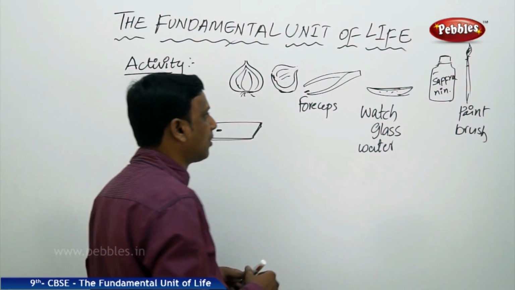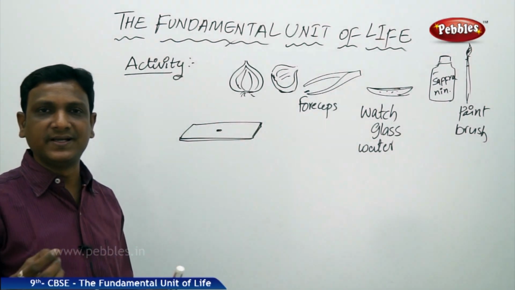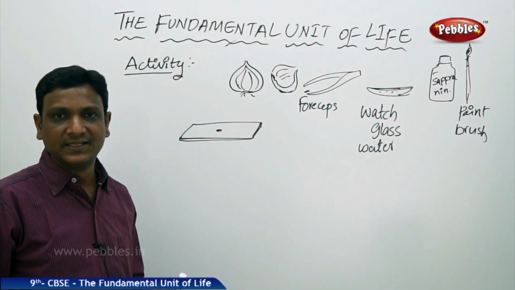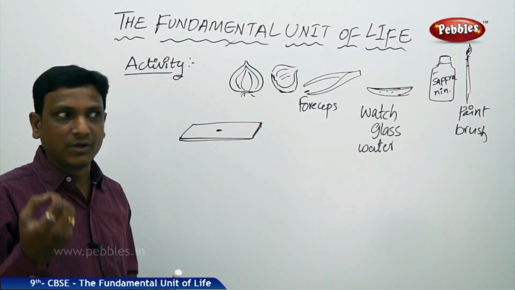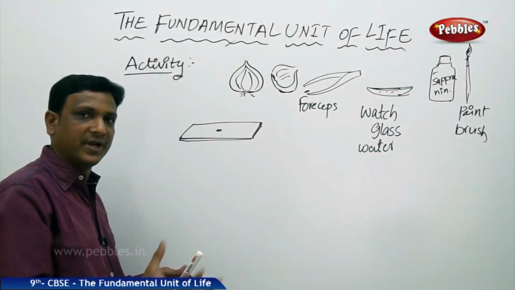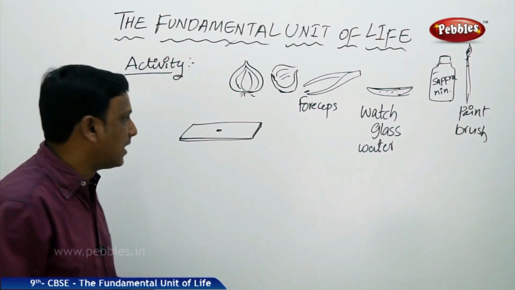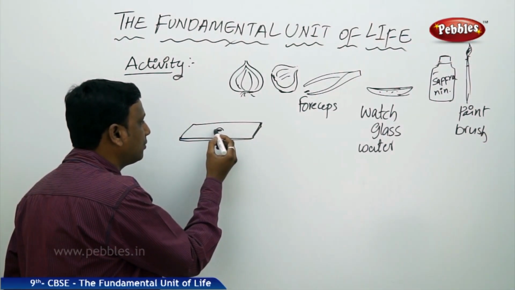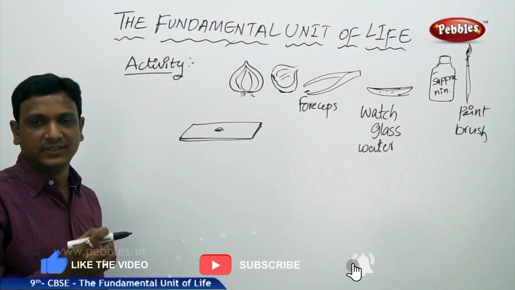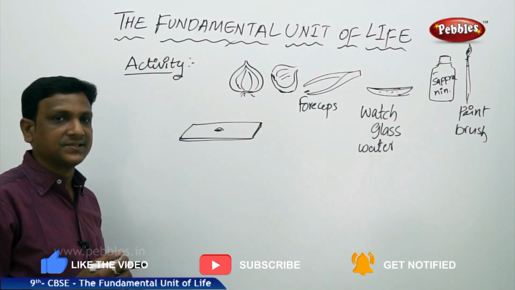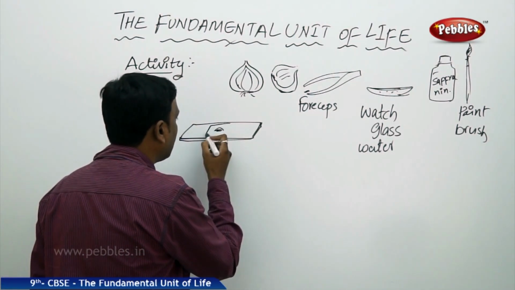We can add a drop of safranin. If you don't have safranin, you can take some red Indian ink, Camlin red ink, and do not put the concentrated ink here. It will become too red, and you cannot see anything. Dilute it with water and put a drop of ink or safranin solution onto this sample. Now carefully cover it with a cover glass.